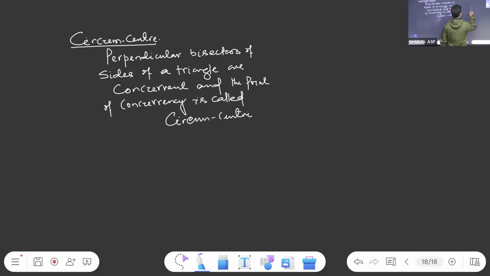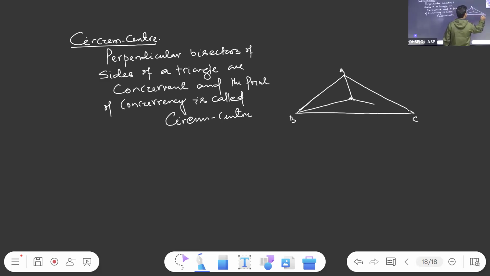And circumcenter of a triangle is equidistant from the vertices of the triangle. Circumcenter is equidistant from the vertices. It may or may not lie inside the triangle. Okay, this is circumcenter. This is one of the perpendicular bisectors of the sides. This is another perpendicular bisector of the side.